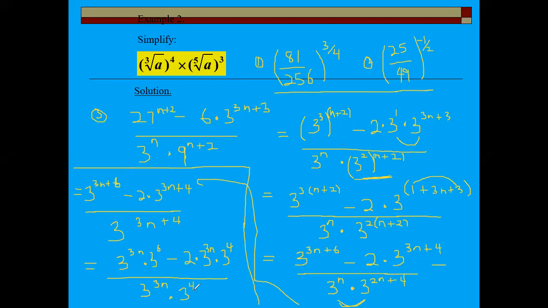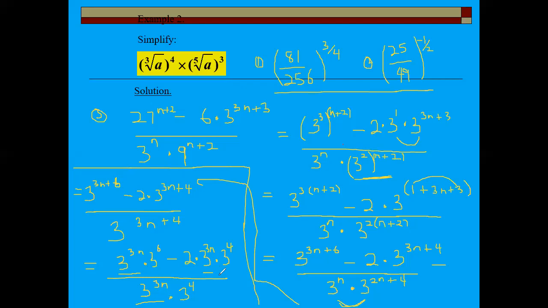So when we get to this stage, clearly we can see that we have a 3 raised to the power 3n here, 3 raised to the power 3n here, and 3 raised to the power 3n over here. So if we can factorize 3 raised to the power 3n, we can so much simplify the term we have there.